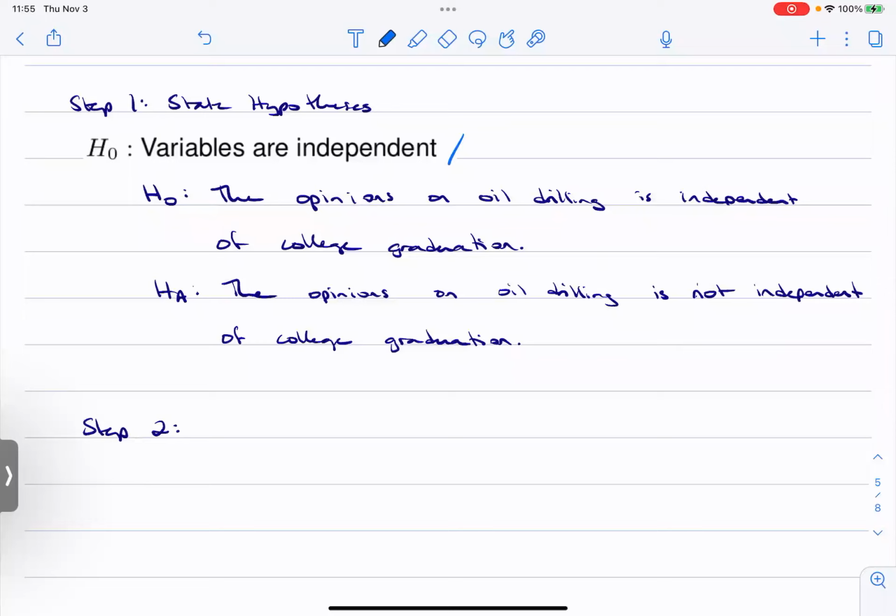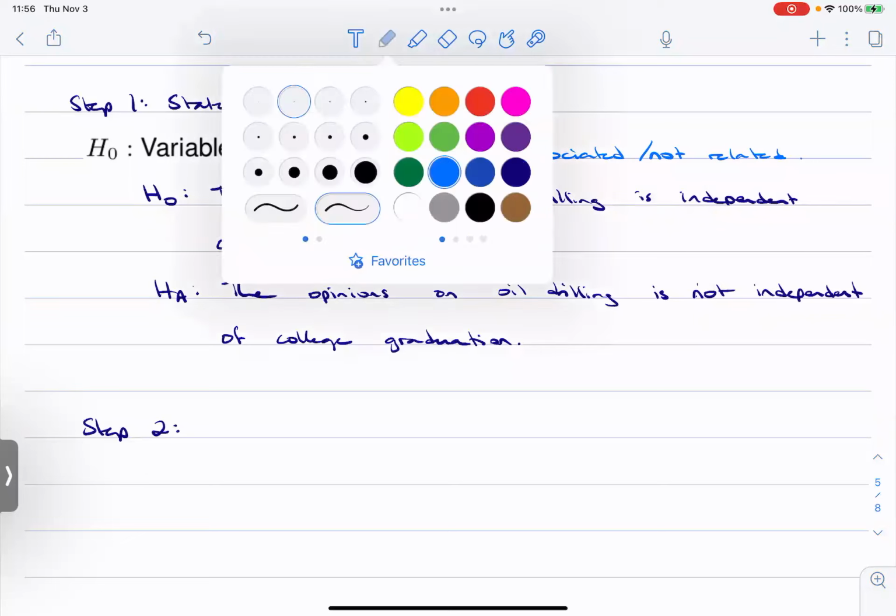So are independent, not associated, or not related would be your null hypothesis, and then the reverse would be your alternative. Those are all fine.